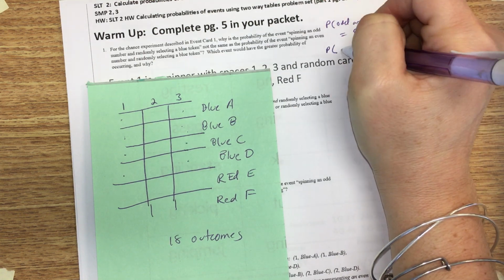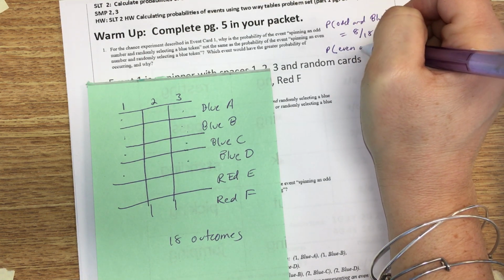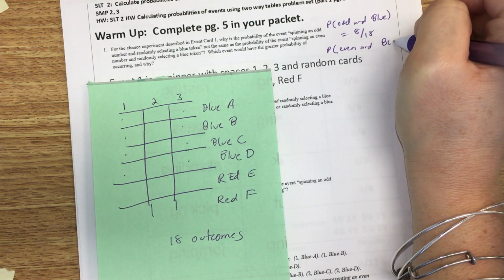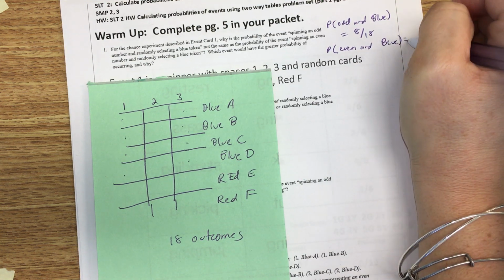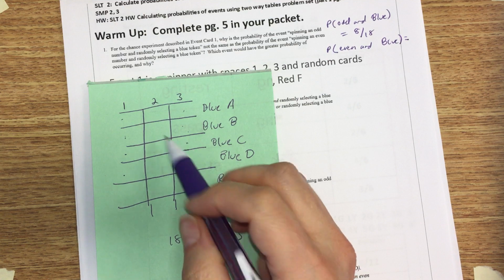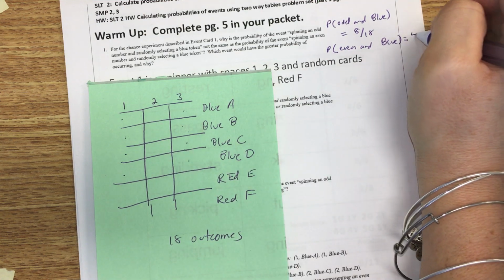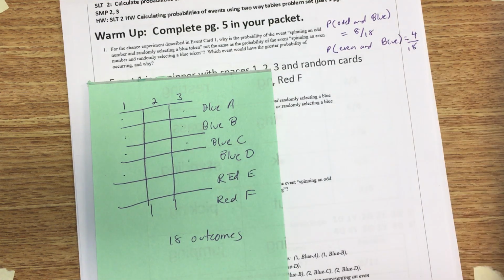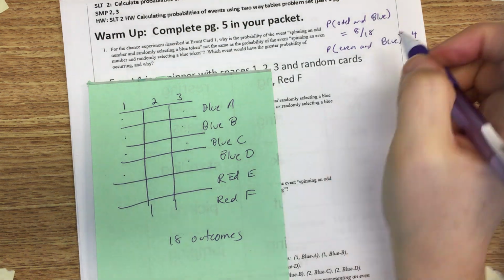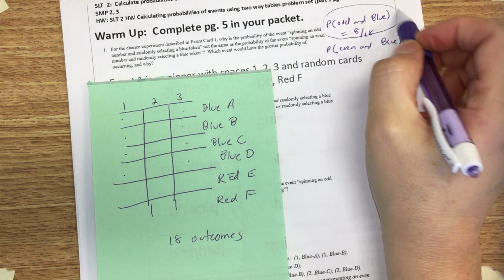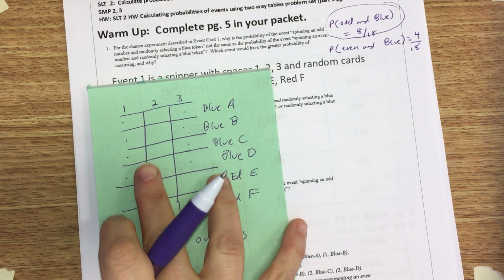And then the probability of even and blue is only going to be these 4. So that is why they are not the same. So odd and blue is twice as likely to occur as even and blue.